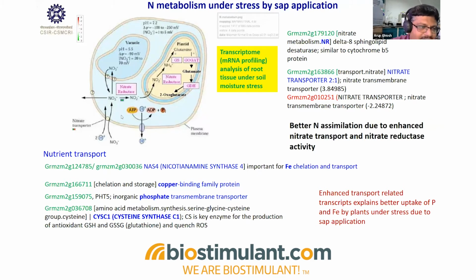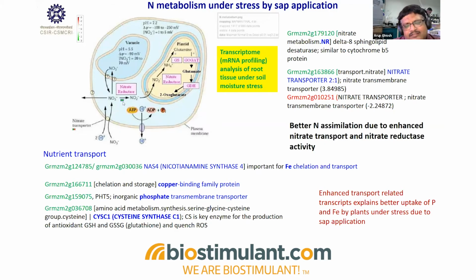Similarly, after this nitrate gets inside the plant roots, the first conversion is from nitrate, NO3 minus, to nitrite, that is NO2 minus, and this is mediated by an enzyme, that is a protein, called nitrate reductase. And you can see the two green dots.